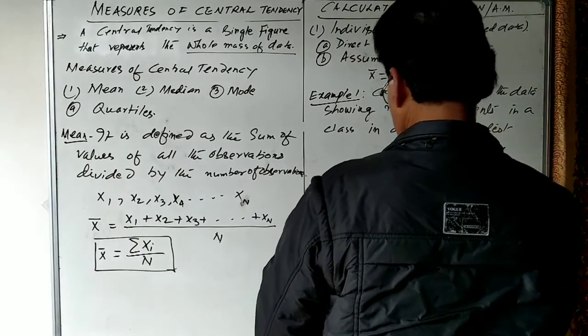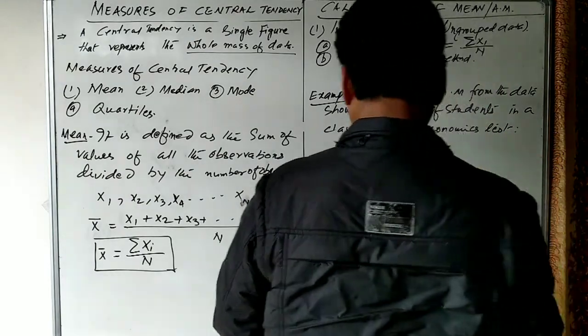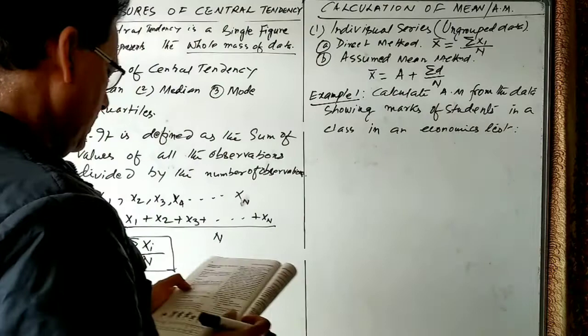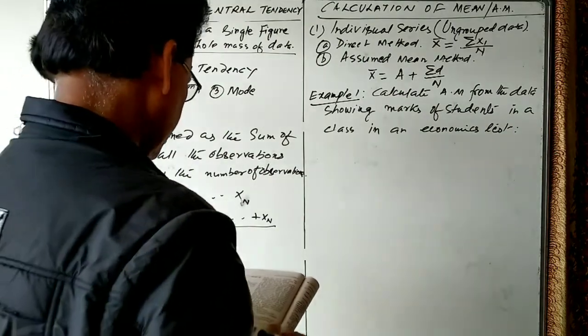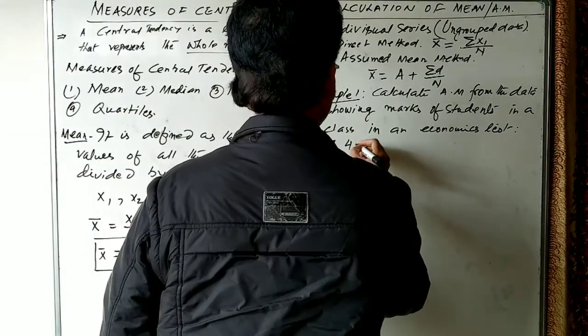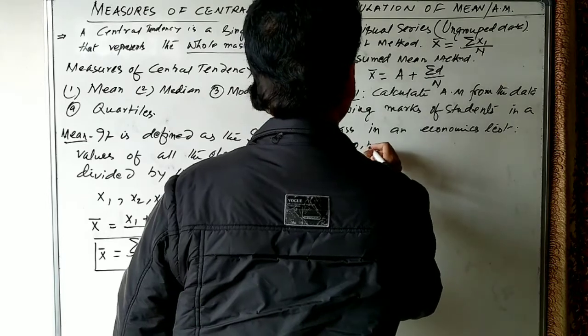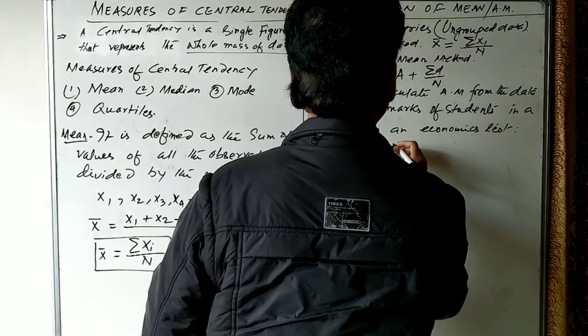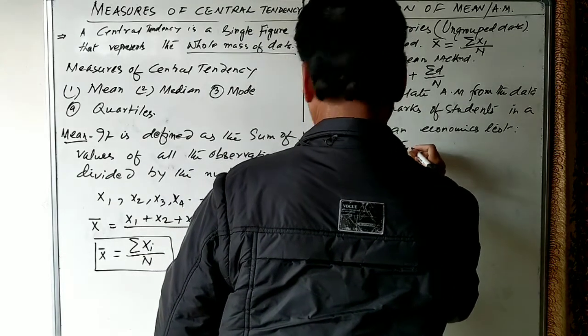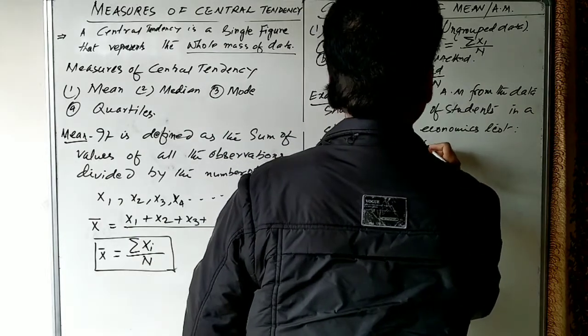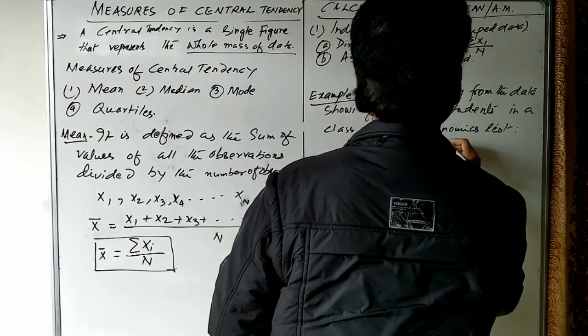So let us see, one test was conducted in a class, and there were 5 students in the class, and they have secured marks like this: 40, 50, then 55, then 78, then 58.